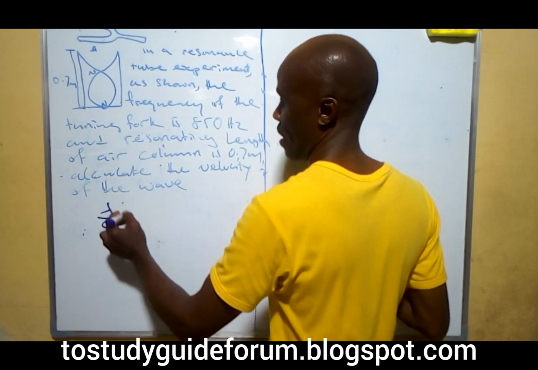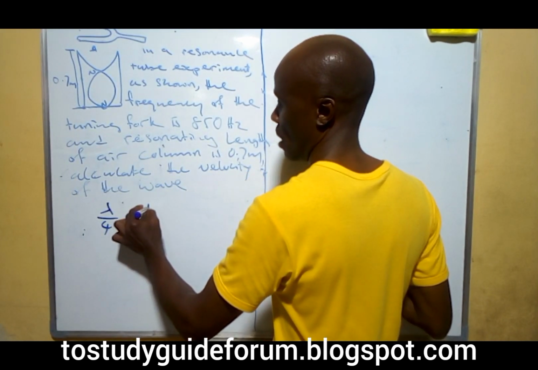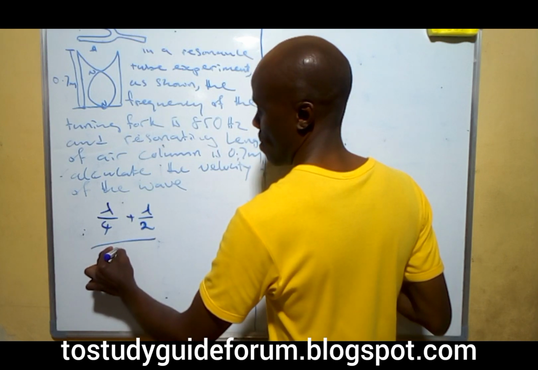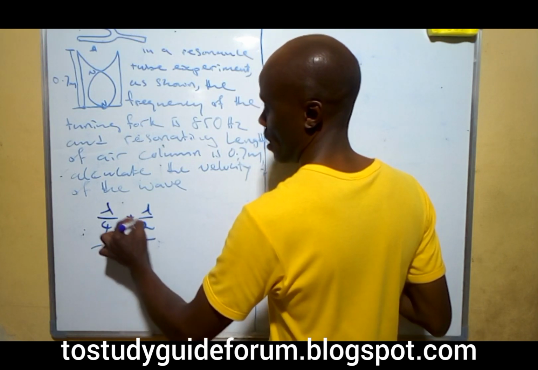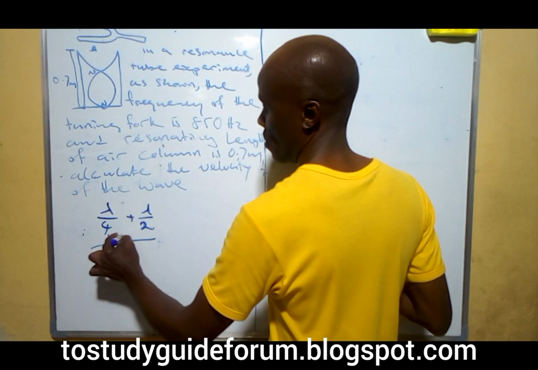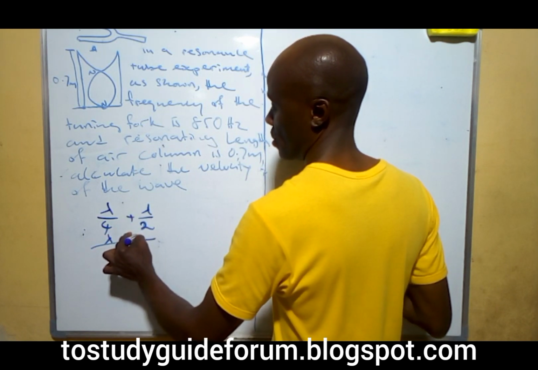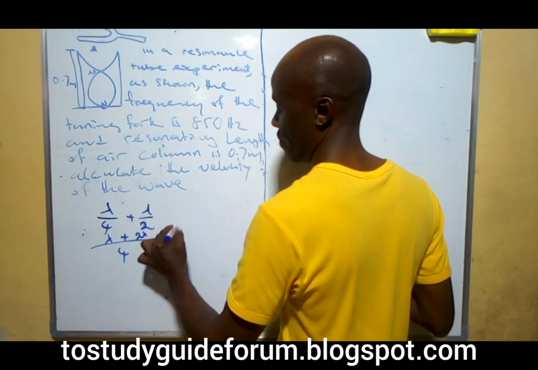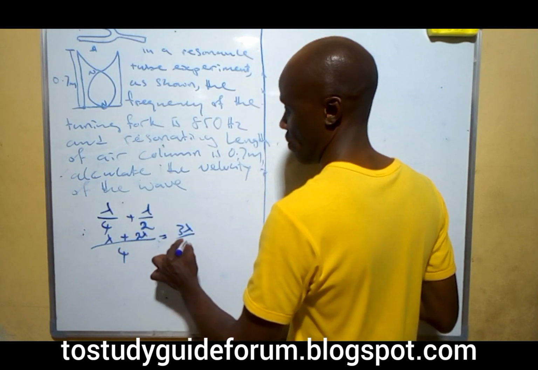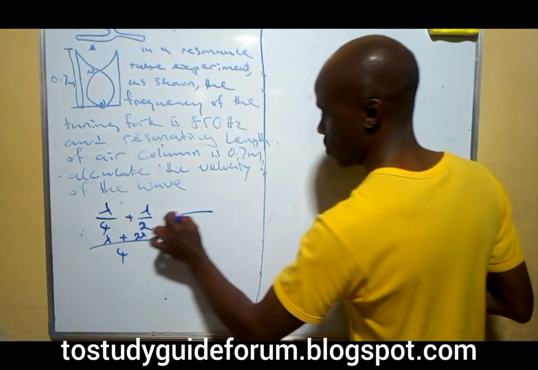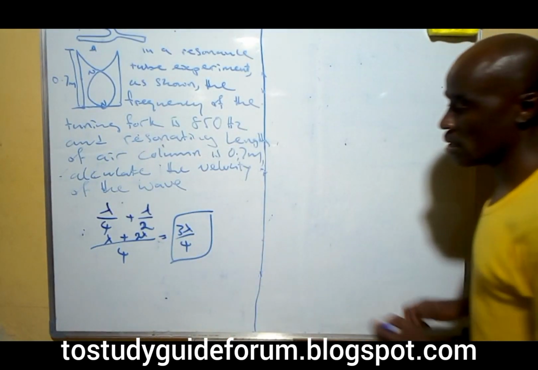Adding up this one we have here, we have lambda over 2, plus this times lambda, we have 3 lambda over 4. That is what we have at the second resonance.